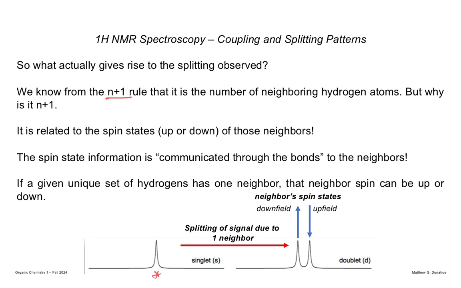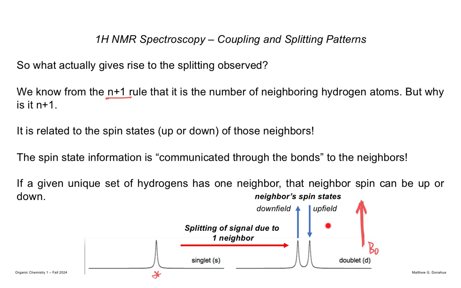So again, let me draw, say that red arrow is your external magnetic field. If you have one neighbor, the spin state can be aligned with it or opposed to it.